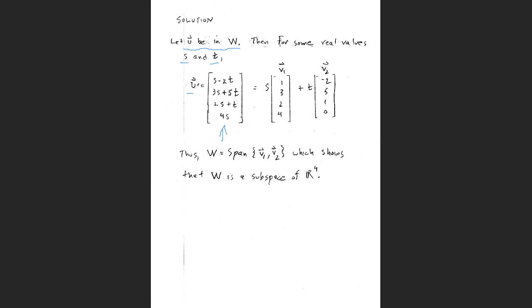I can write that vector as s times the vector 1, 3, 2, 4, plus t times the vector -2, 5, 1, 0.